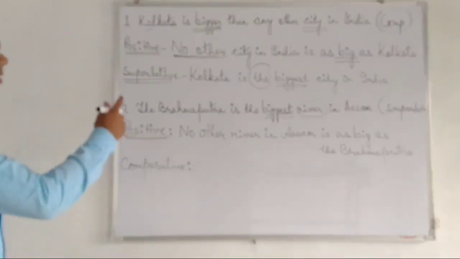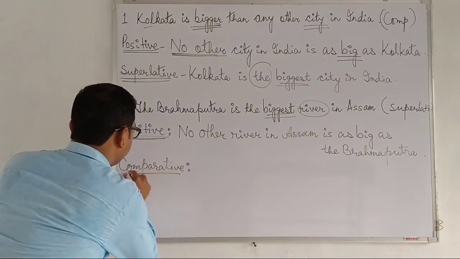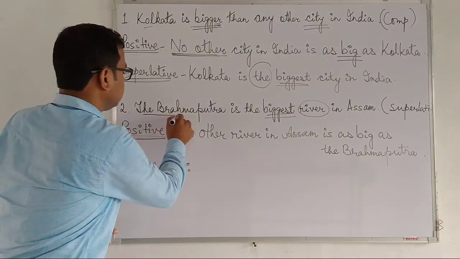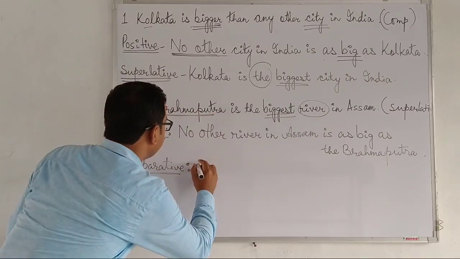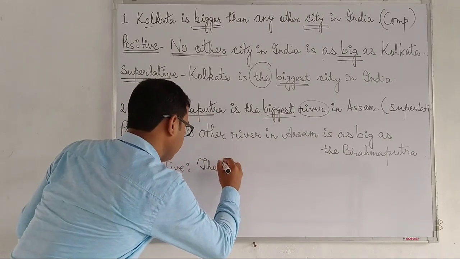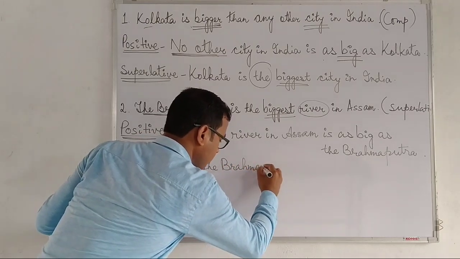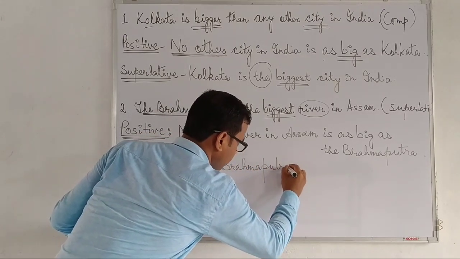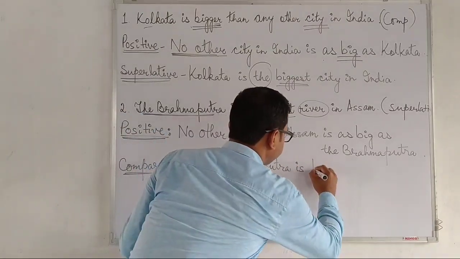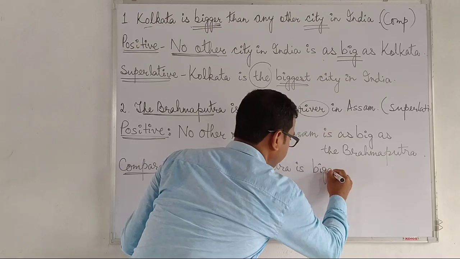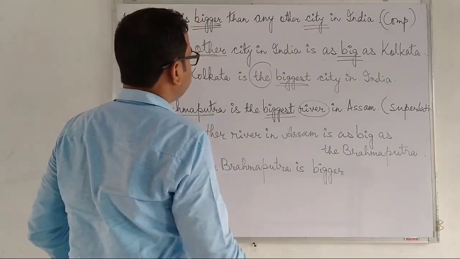Now let us make it comparative degree. In order to make it comparative degree, the beginning will remain the same. The Brahmaputra is bigger. In comparative form it will be bigger. Then we will use than, bigger than.